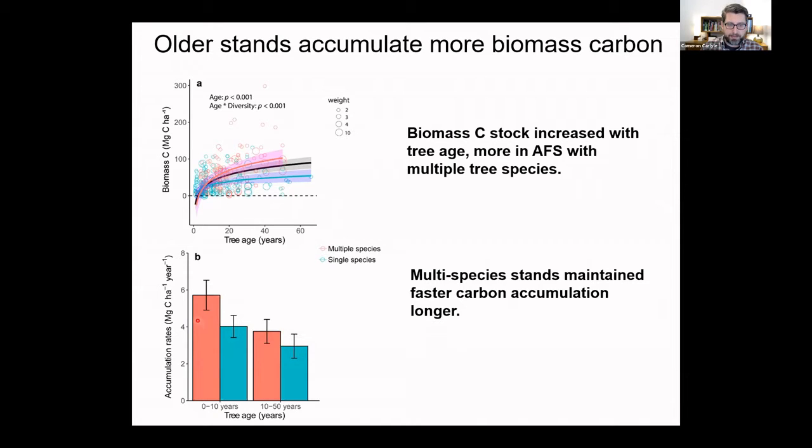And this pattern persists over a long time period. So at the bottom, the accumulation rates of biomass carbon continued well into the future when there's more than one species in the system. So having multiple species is probably going to be beneficial for overall carbon accumulation.